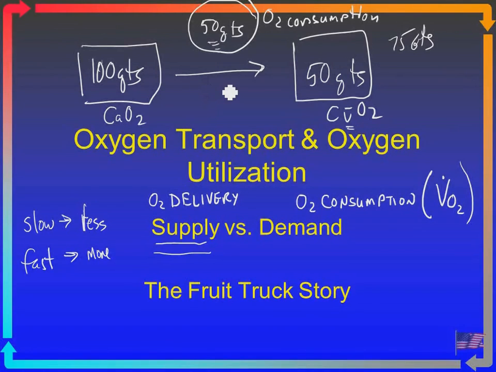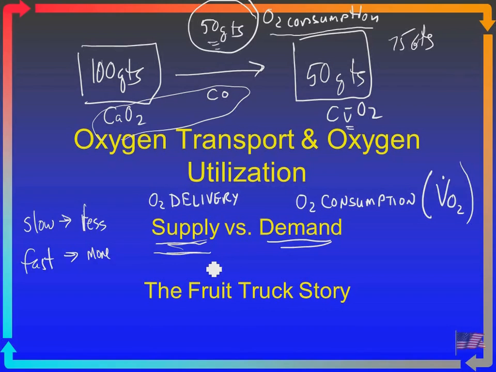Okay, what about the truck speed? Oh, that's cardiac output. So there's a relationship that exists between how much oxygen is used, demand, and how much oxygen is supplied, oxygen delivery.